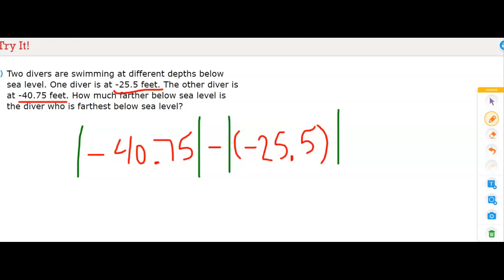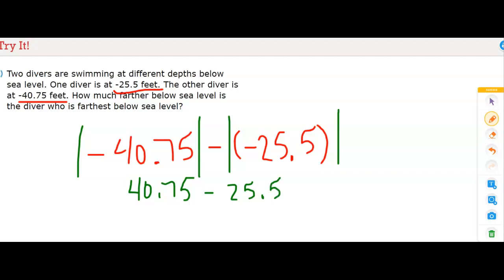So when we subtract the two, we're only subtracting the numbers themselves. That means this will be 40 and 75/100ths minus 25 and 5/10ths. We're just dealing with the numbers themselves.